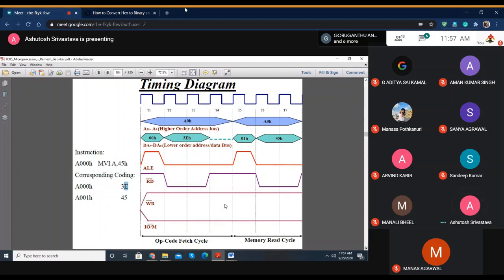So this is how your various read, write, input, output, memory, and your ALE system will be getting into activation.